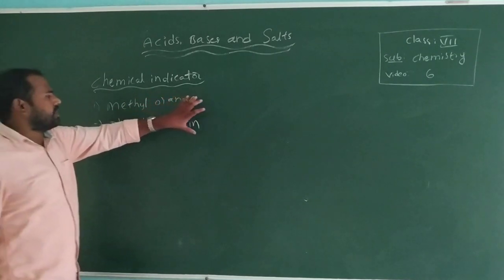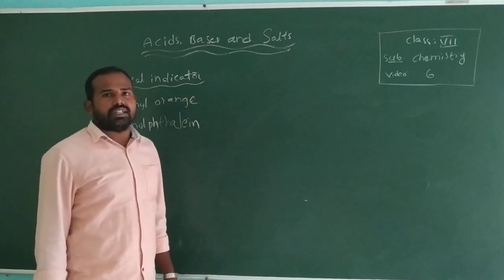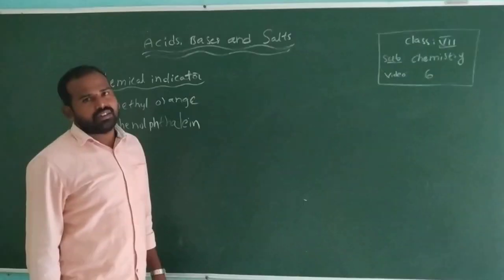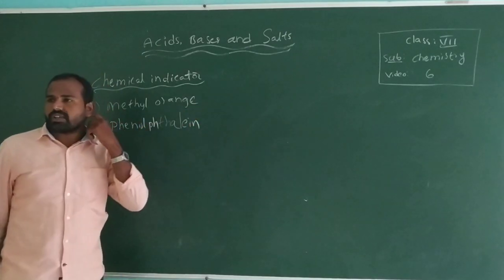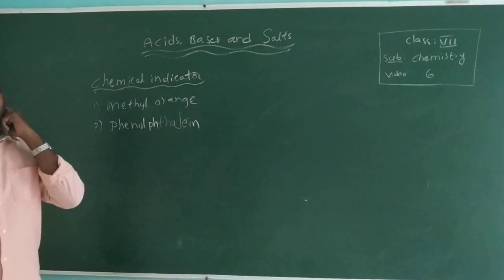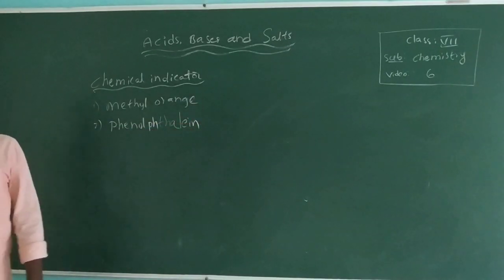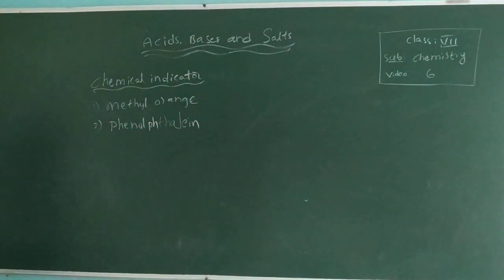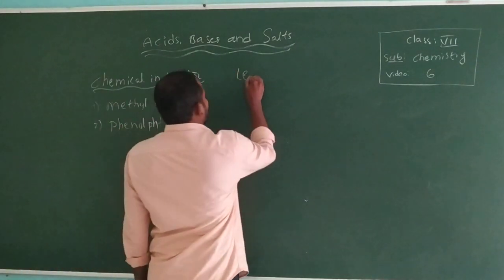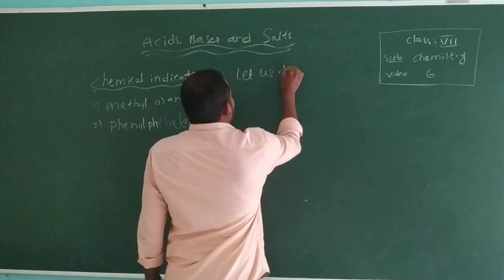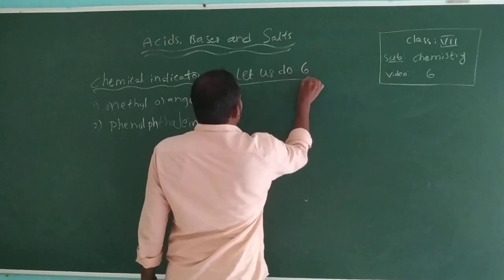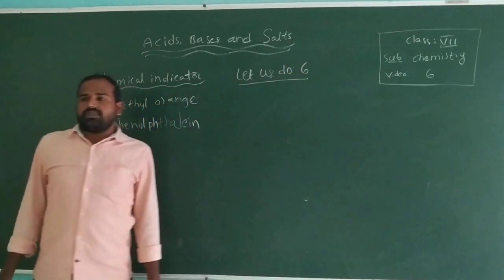Now, how will they change their colors in acids and bases? How can you classify acids and bases by using these two chemical indicators? Let us do this activity.